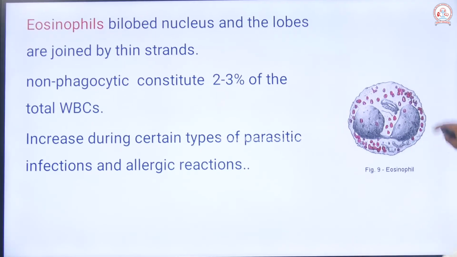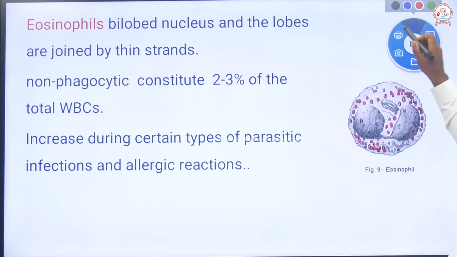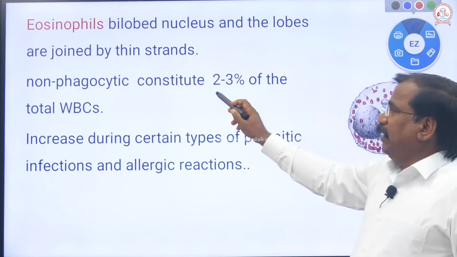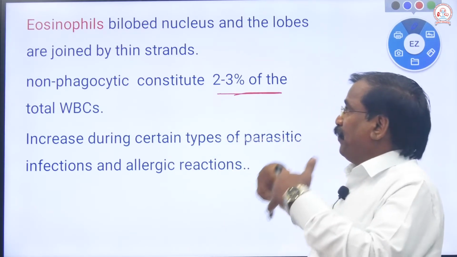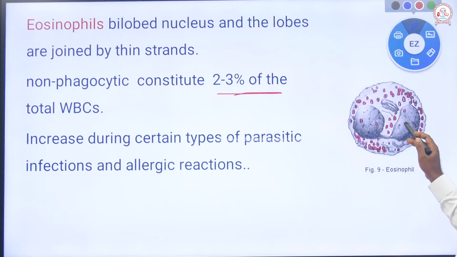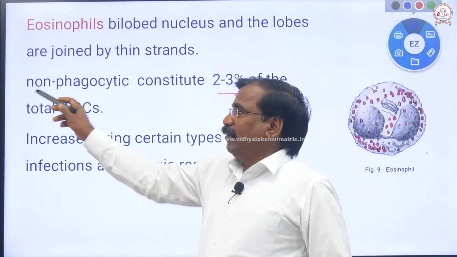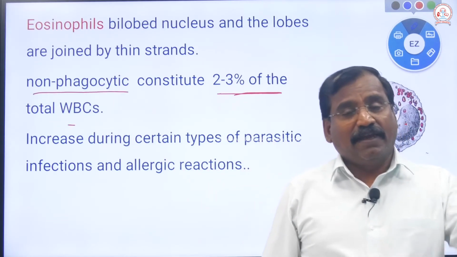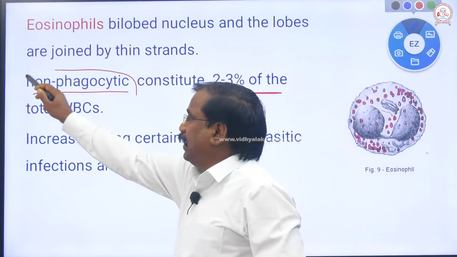The percentage is 2 to 3%. That is the bilobed nucleus, large in size. It is non-phagocytic, very important. Neutrophil is phagocytic, eosinophil is non-phagocytic.